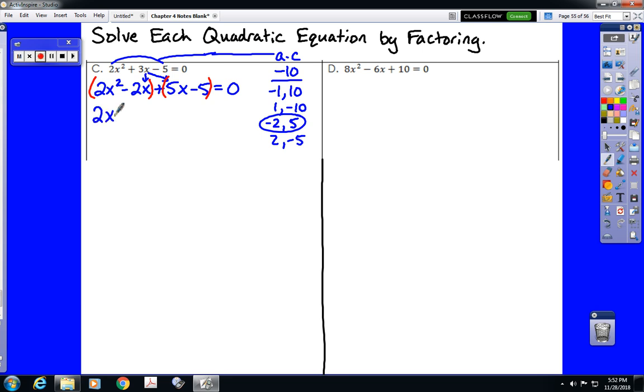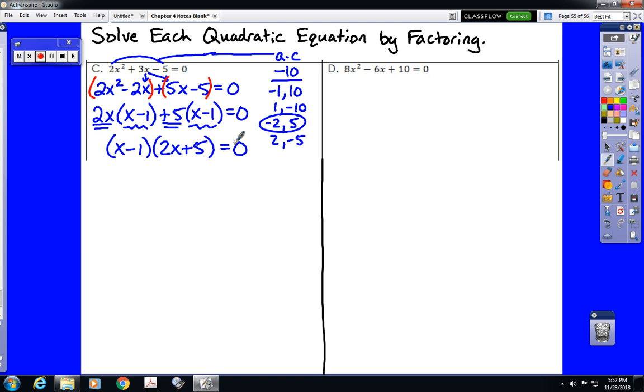So that would be a 2x from the first set of parentheses and a 5 from the second set of parentheses. In both cases, we'd be left with x minus 1. We're going to take that x minus 1 out next, which would leave 2x plus 5. Remember, this still equals 0. So we've finished our factoring, but we have not solved the equation yet.